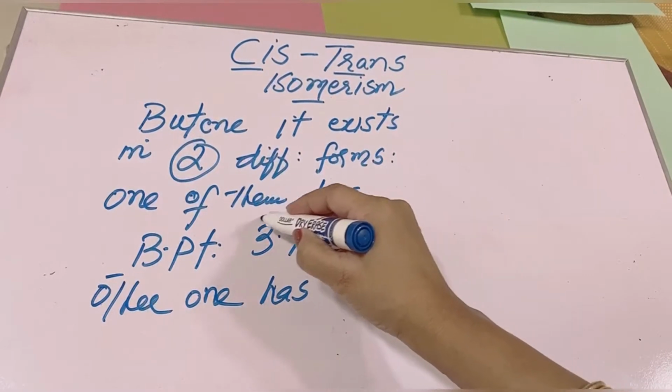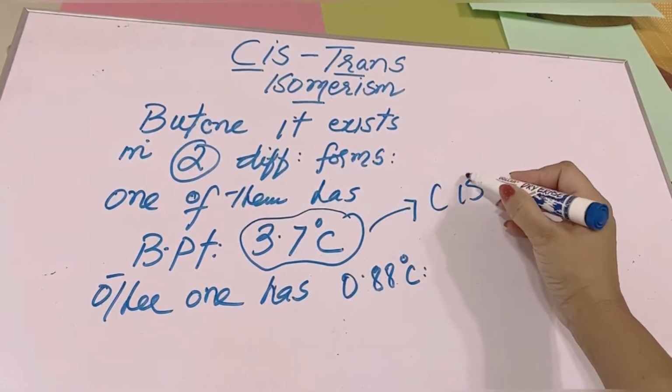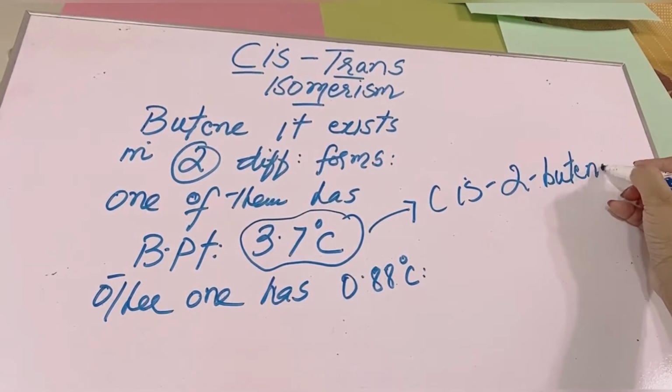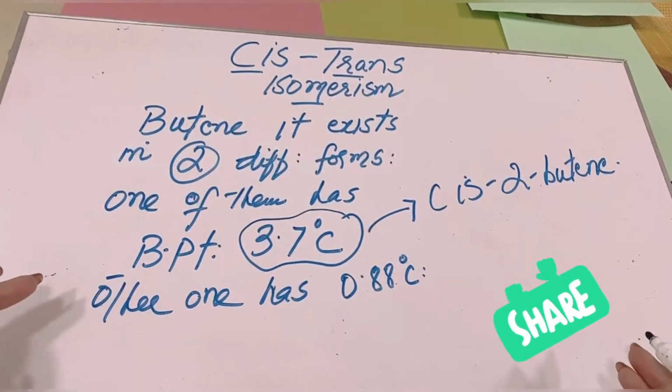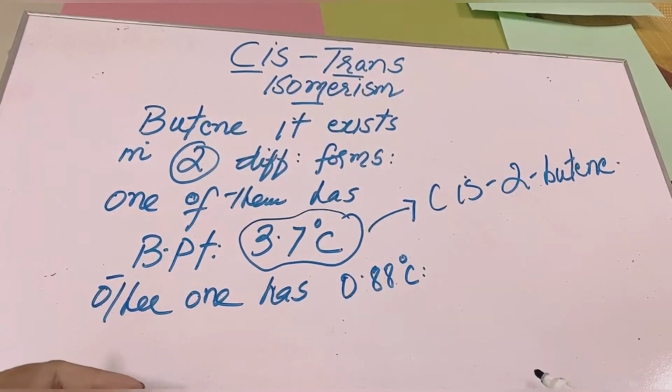That is this one. It's referred to as cis-2-butene. Okay, the compound with a greater boiling point is called cis-2-butene, or Z-2-butene.